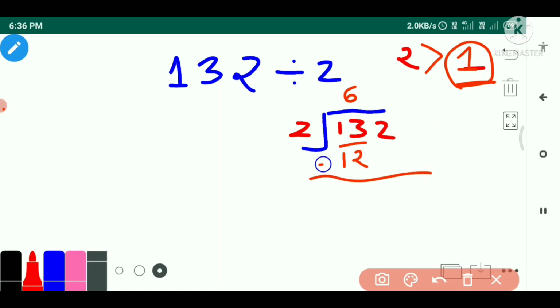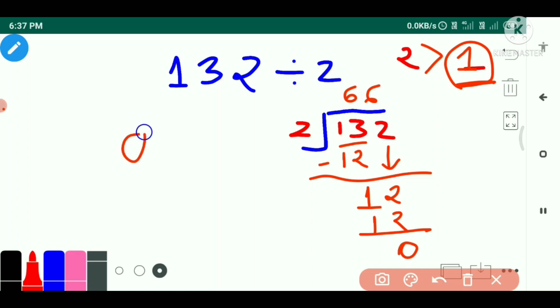Now we'll do subtraction. 3 minus 2, it will be 1, and this number will come down, right? Now see, 12 is there. In the multiplication table of 2, is 12 there or not? Yes, it is. So 2 sixes are 12. So our remainder is what? 0.